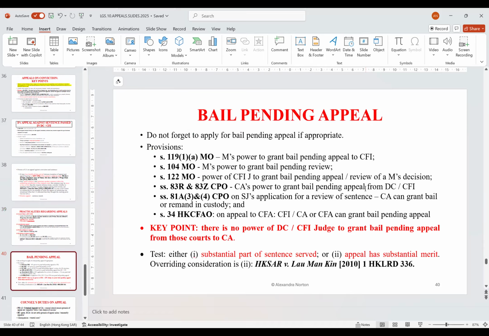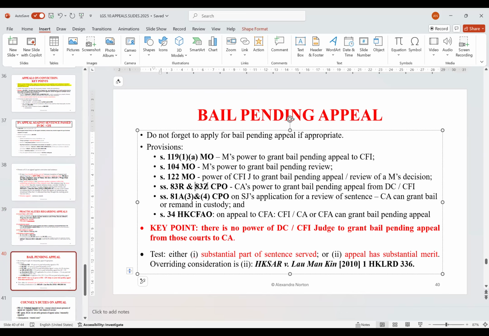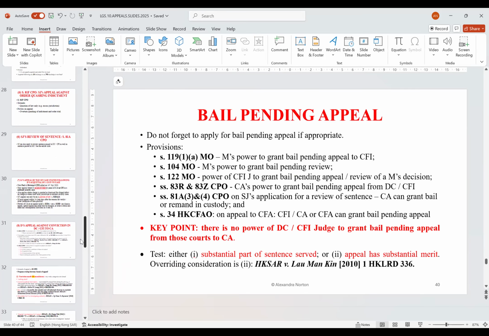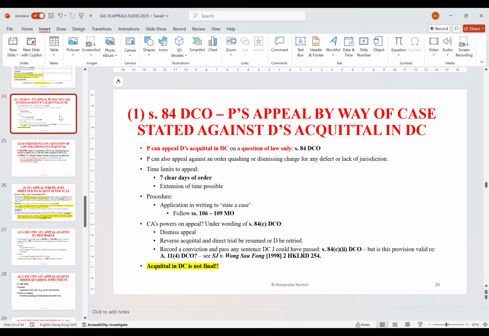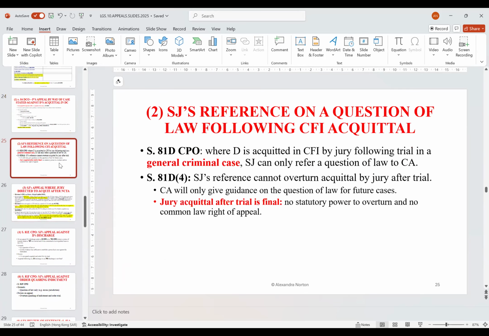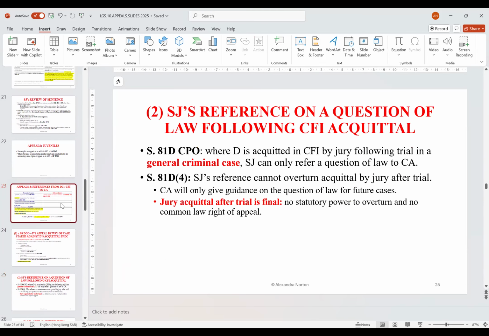Now, remember I said pigeonhole in your mind this reference to Section 83Z of the CPO as being excluded from the provisions of the CPO which apply to the district court. Remember I said that back on, what slide was it?